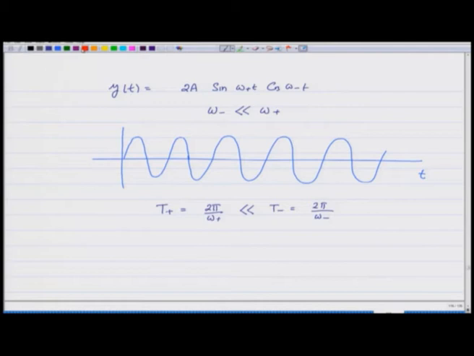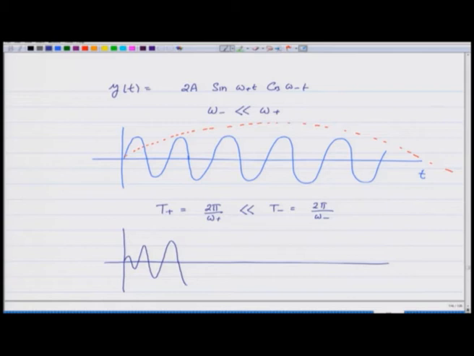And omega minus is much more slowly varying. So, the second term varies very slowly and then it will go down. So, if I multiply the two terms, what I am going to get is something like this. It becomes small again and then it will pick up again.